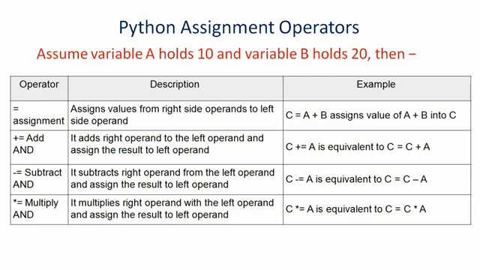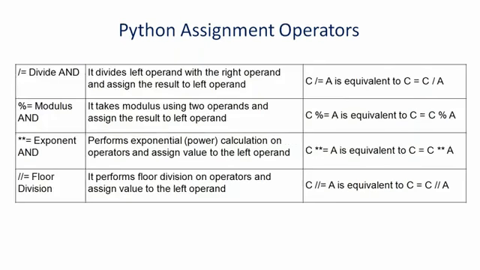Multiply equal, multiply and. It multiplies right operand with the left operand and assigns the result to the left operand. C multiply equal to A is equivalent to C equal to C multiply A. Divide equal to, the name is divide and.